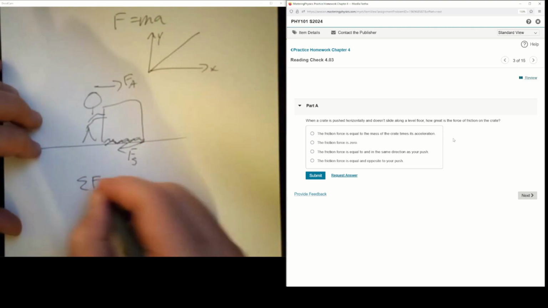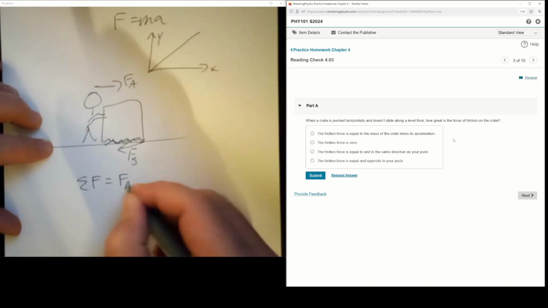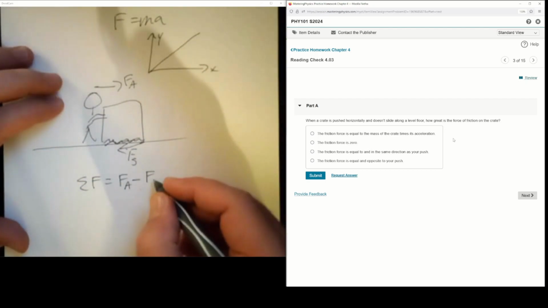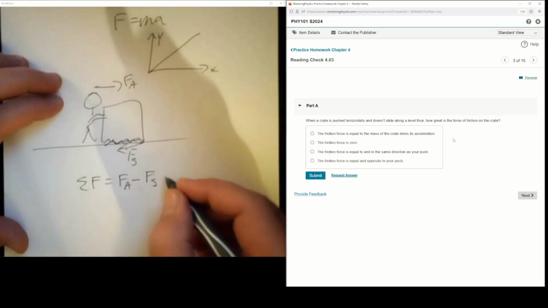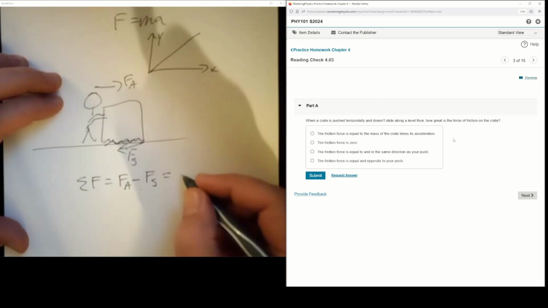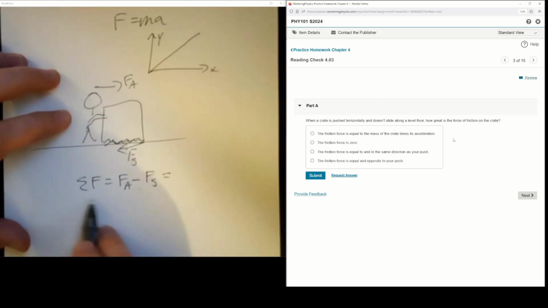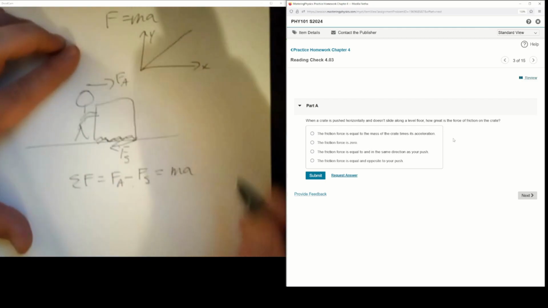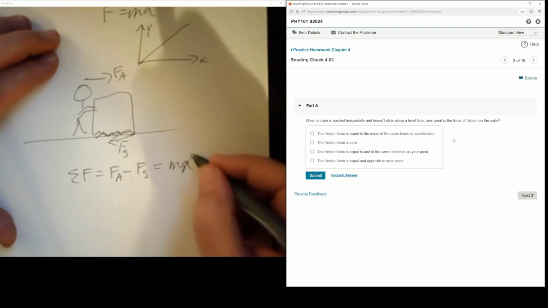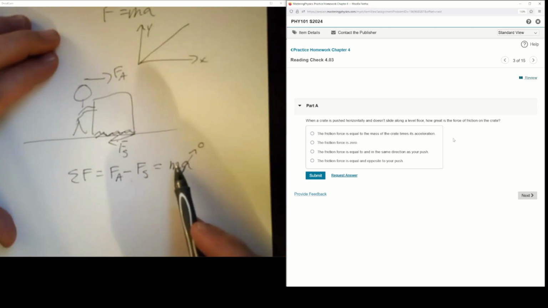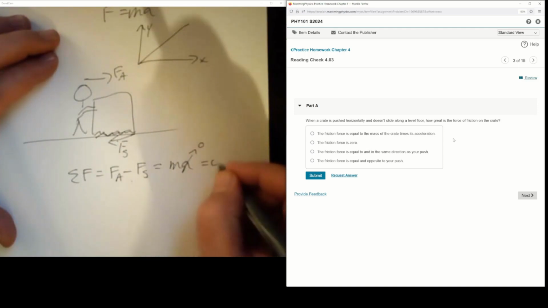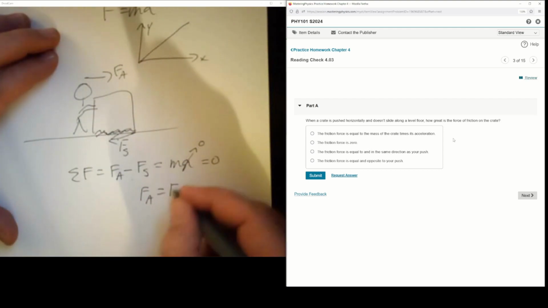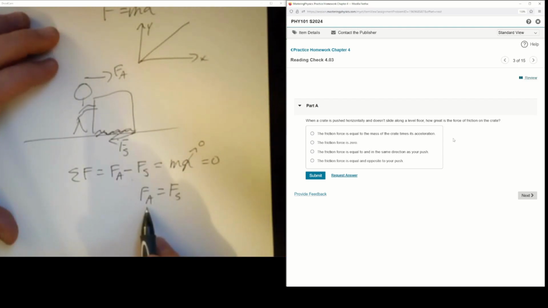So when we sum our forces, pushing to the right with our applied force, friction working against us points to the left, so it gets the minus sign. And if we're not moving, then Newton says summing our forces equals ma. But because it's not moving, acceleration is 0. So whatever your mass is times 0 gets you 0. And that means the force of friction must equal the force that you're applying.